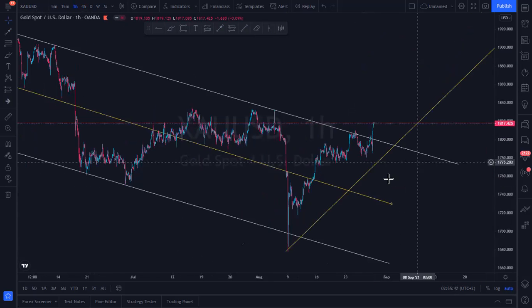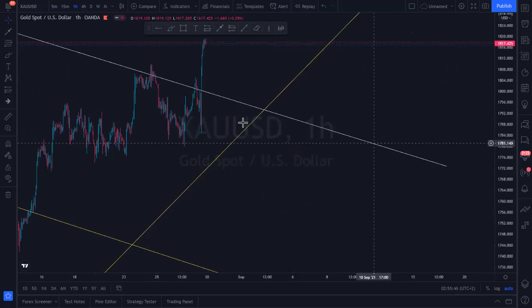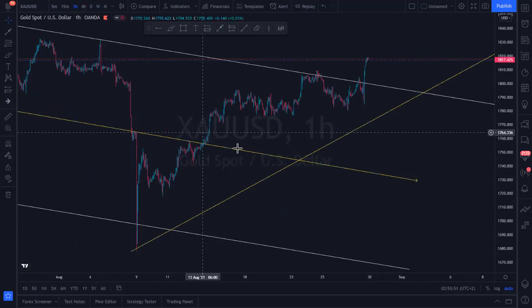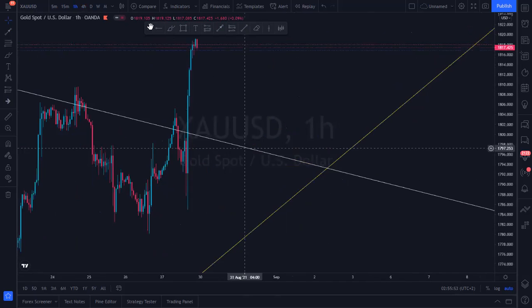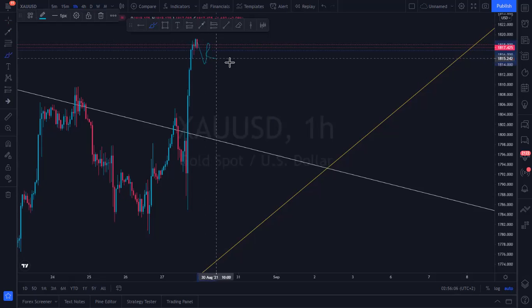I'm not a person who risks that much on a trade. So what am I expecting to see happening in the market, since the price has broken above the trend line? I'm expecting to see price rejecting like that, giving us a continuation pattern just like this, and continuing to move to the upper side.